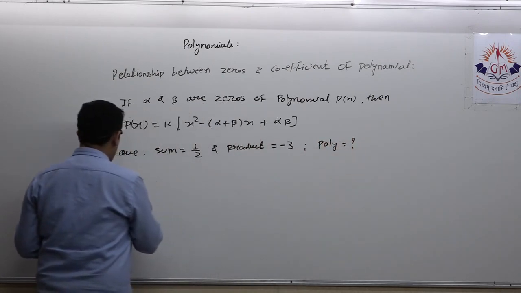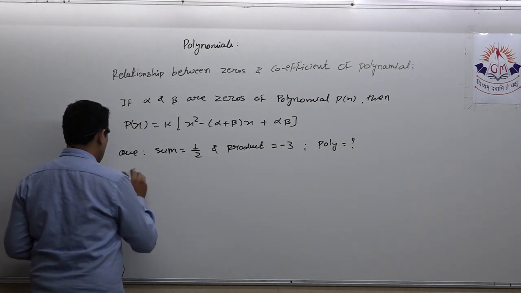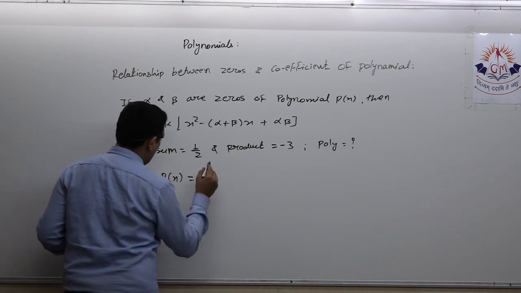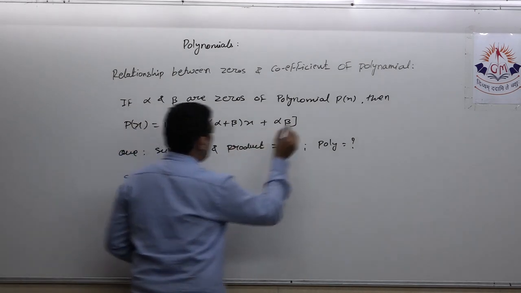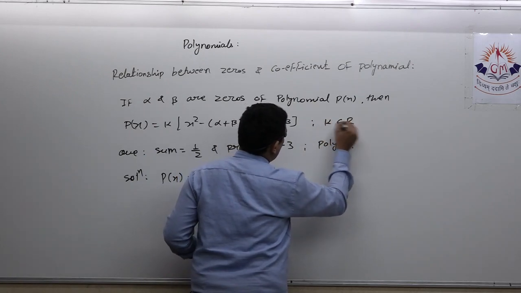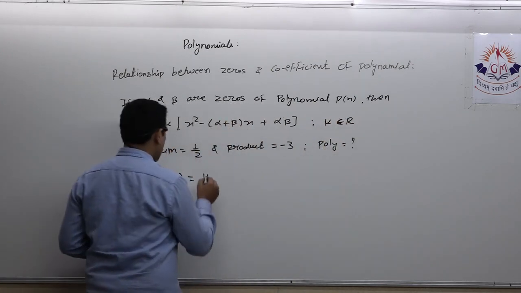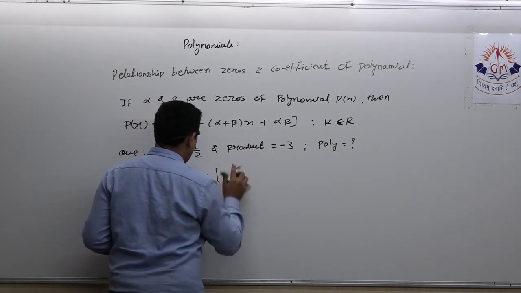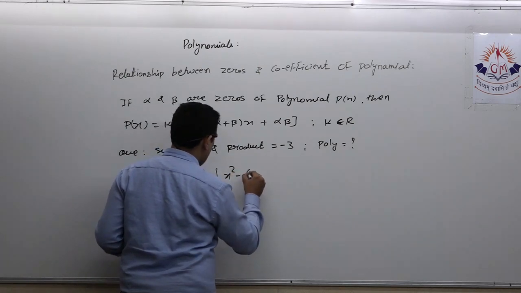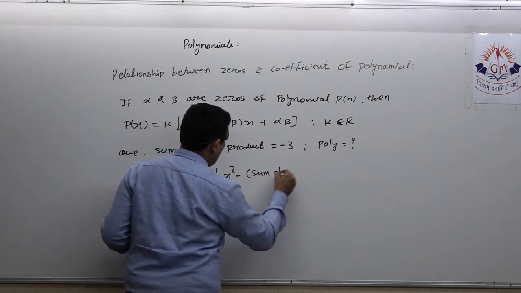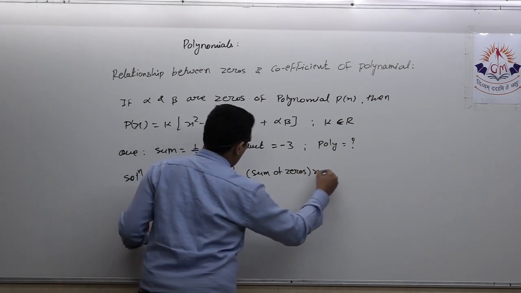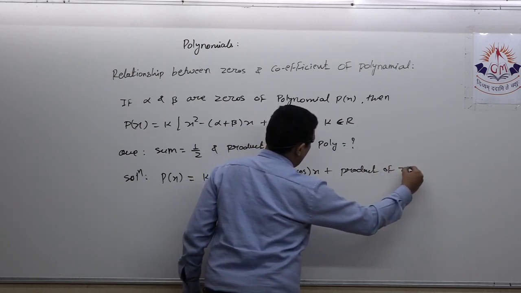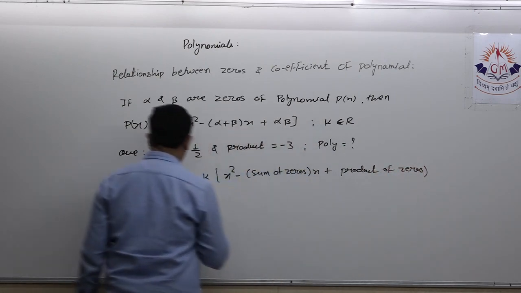So simply, p(x) is equal to k into, and here you can specify one more thing, that k belongs to real numbers. So p(x) is equal to k, then x square minus sum of zeros into x plus product of zeros. First we write that formula and then we put the values.